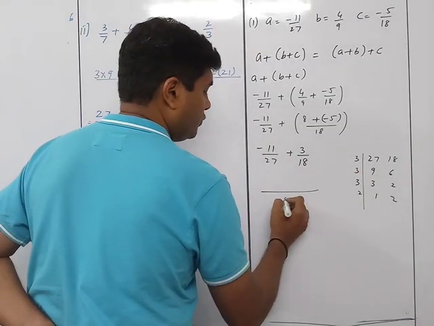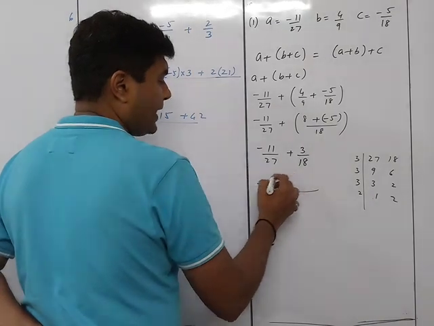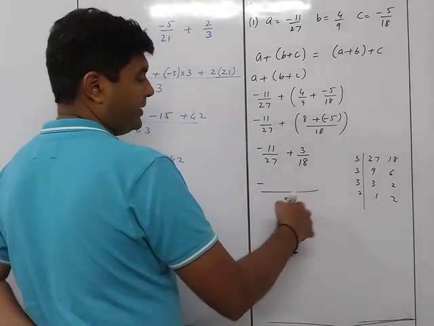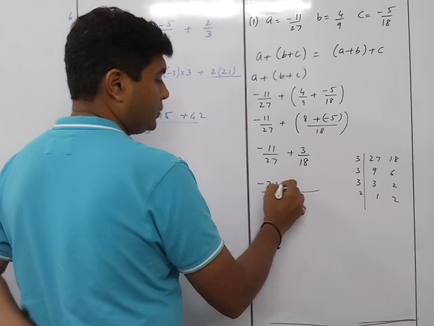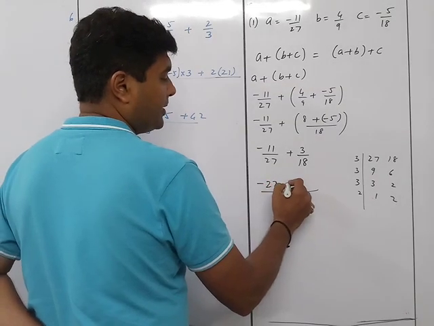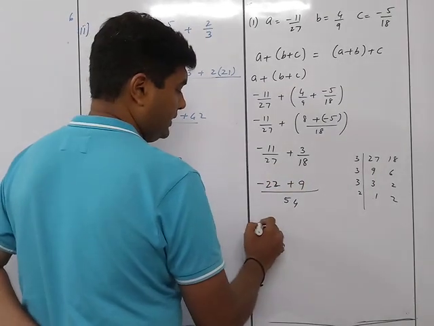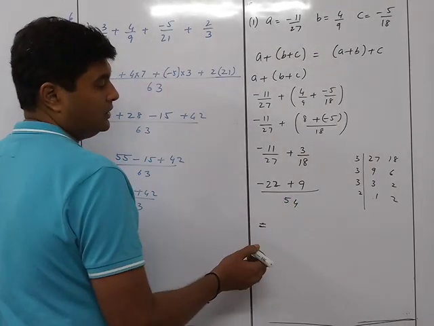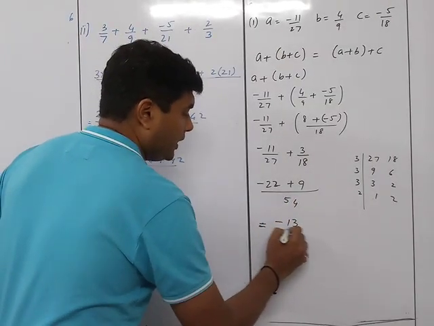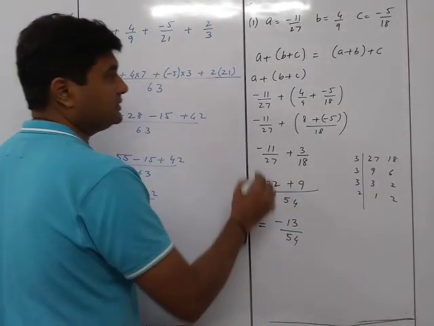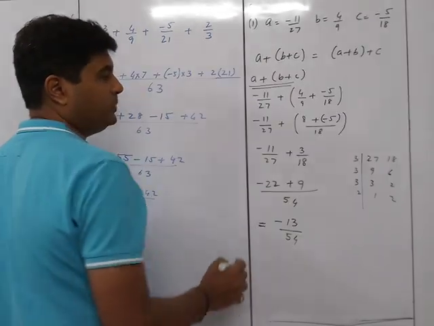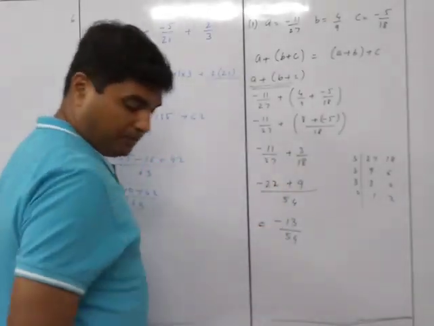So it is 54. Minus, 27 to make it 54 is multiplied by 2, so it is minus 22. And 18 to 54 is multiplied by 3, so 9. So the answer over here is minus 13 upon 54. That's the value of (A plus B) plus C.